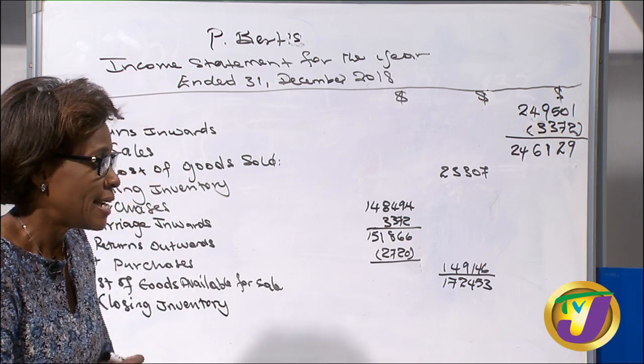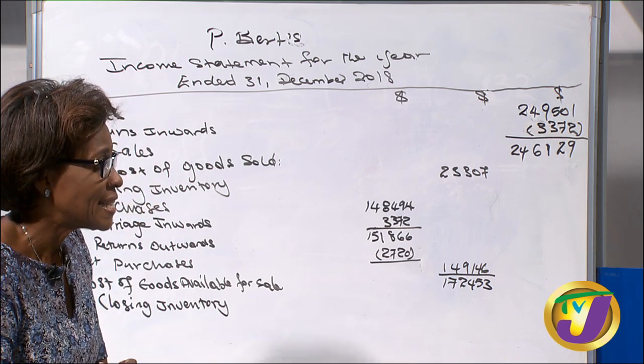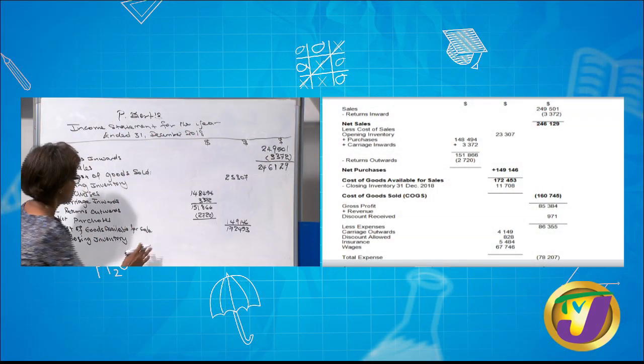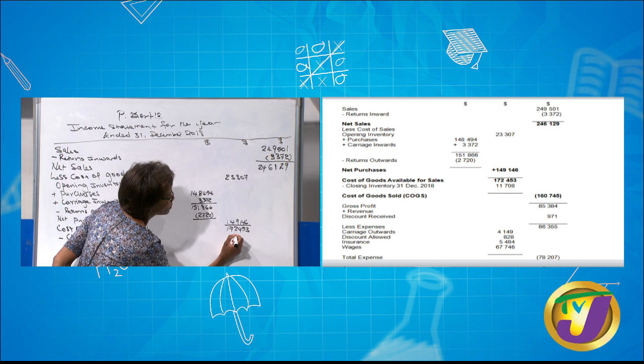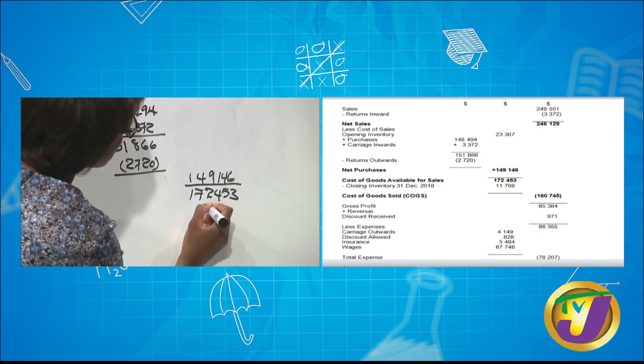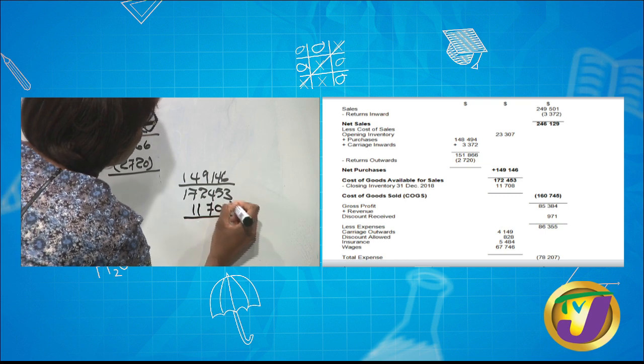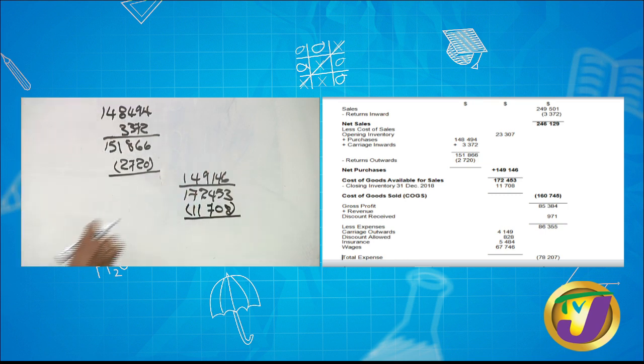And in this case, our closing inventory figure is 11,708. All right, so we're going to put 11,708.